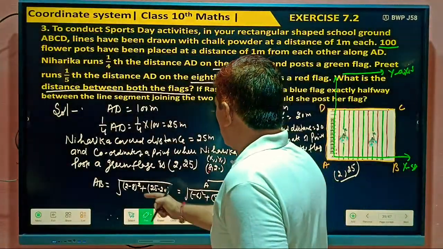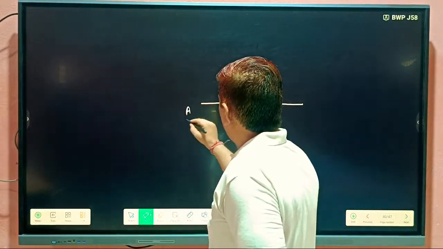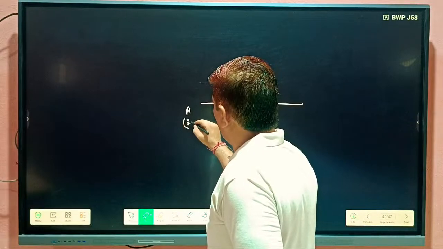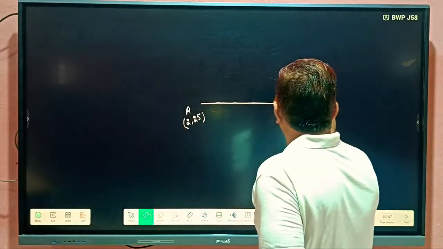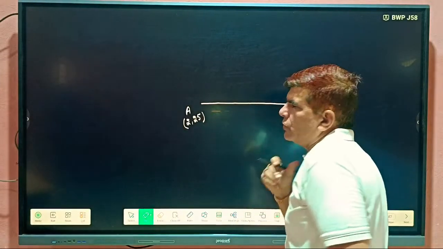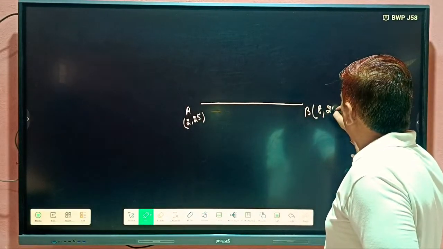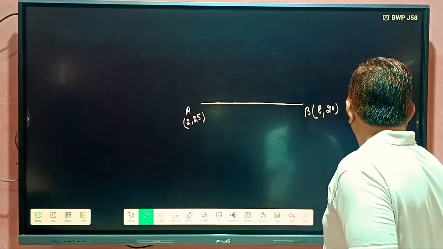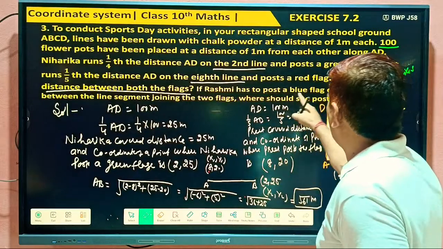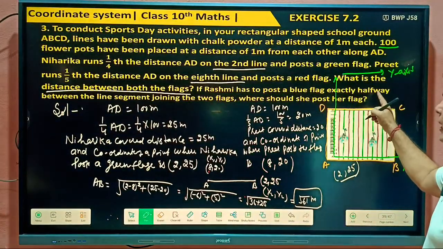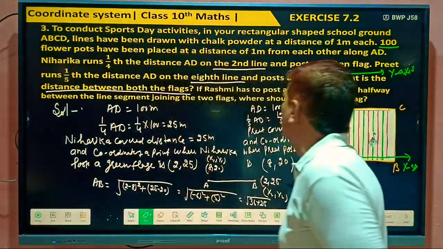We have taken point A, and whose coordinate we have taken? 2 and 25. And B is a point. She is running in which one? Preet. And what's this? 20. Yes or no? This given. Now try to understand. If Rasmi has posted a blue flag exactly halfway between the line segment joining these 2 flags.